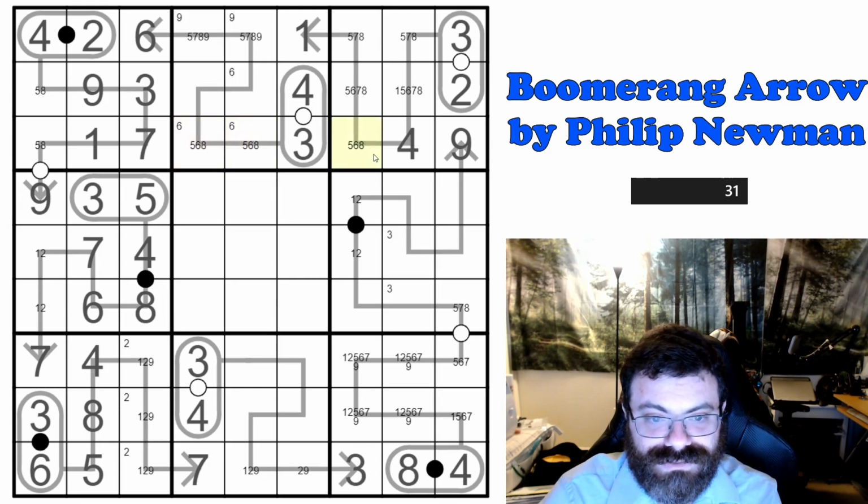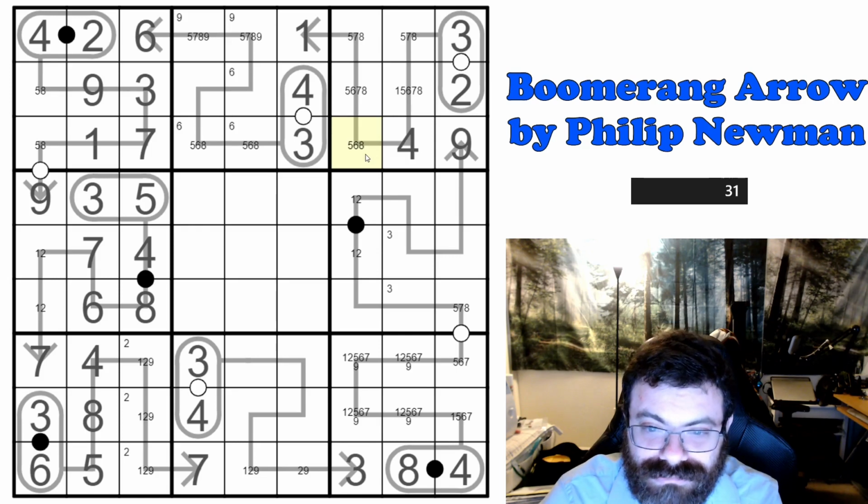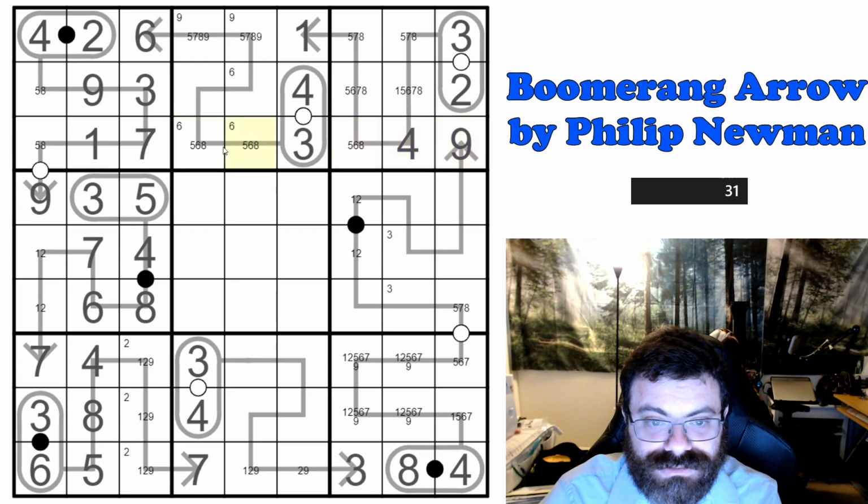Oh, these can't be 7. What am I missing then? 1, 2. Yeah, where does 2 go? Okay, so there's a 2 in one of these two. It's not a pair because this could also be 6. In fact, I don't think I need. Yeah, I'll just try to keep track.